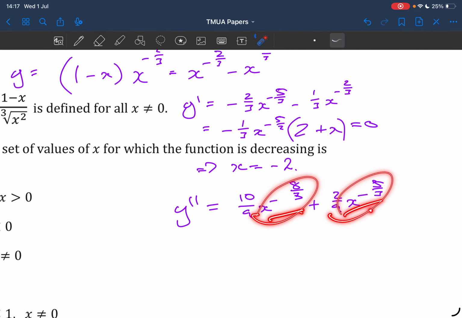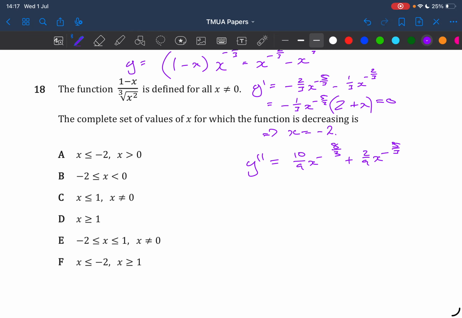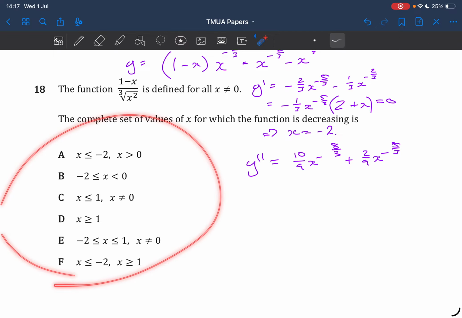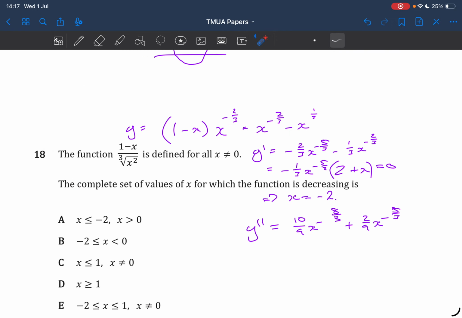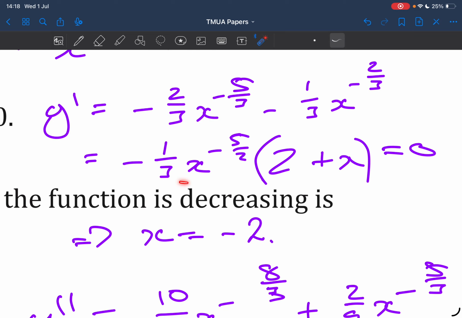I wonder if it's allowed to do it with the cube root. It should be negative, I think, isn't it? So I'm thinking that's going to be negative. You square root.